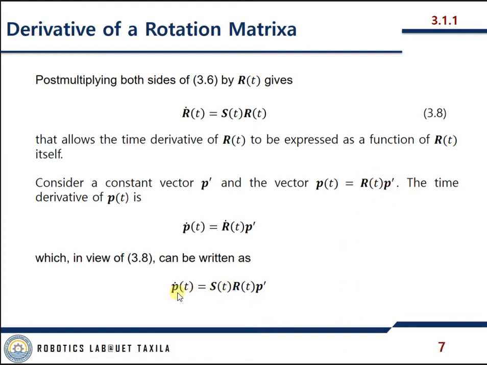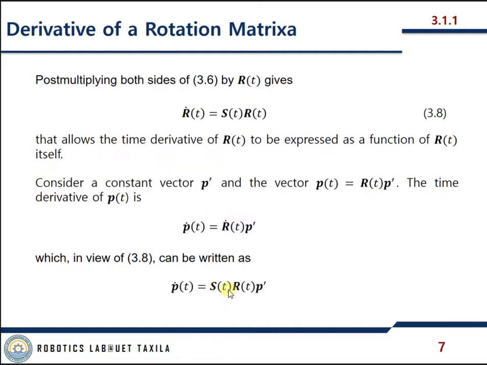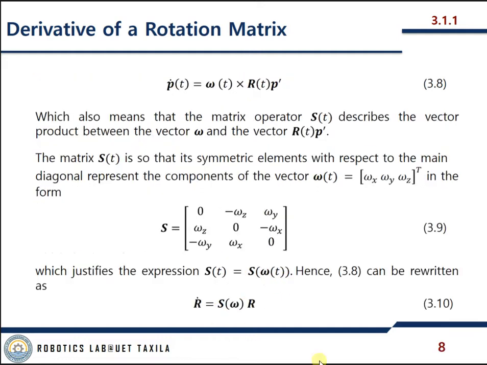So P dot is equal to this equation, and we're going to represent this omega(t) and R(t). We're going to represent S in the form of omega(t) with cross multiplication. Why are we going to represent S this way? There is a reason behind it, so let's discuss.